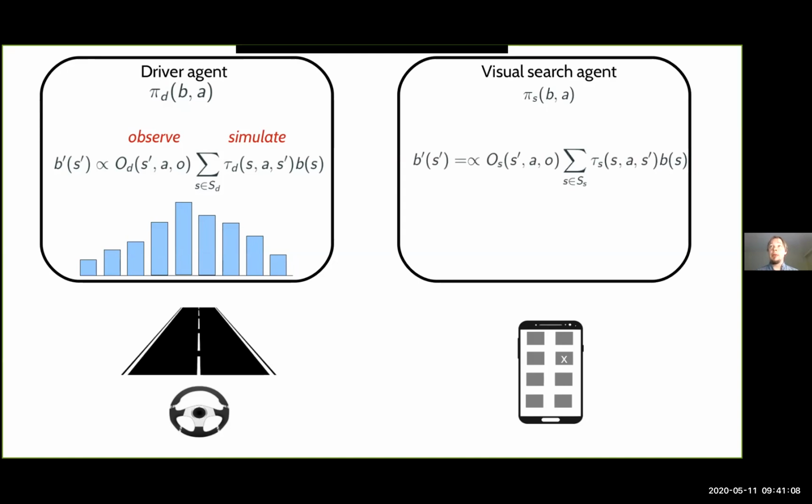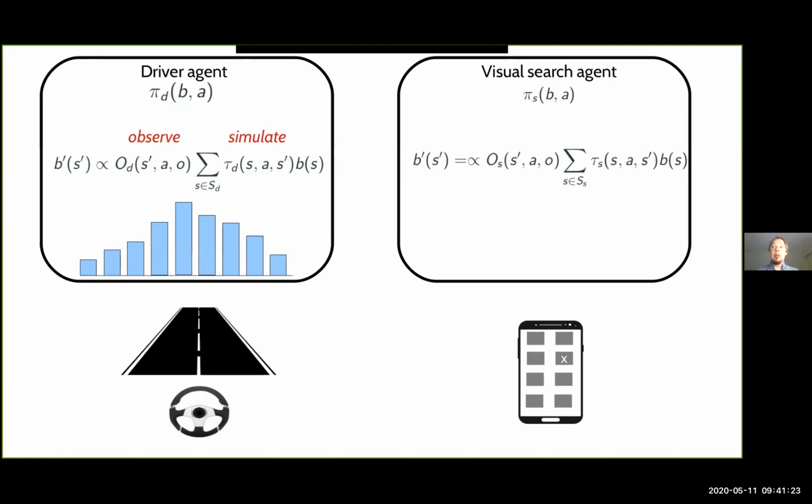Similarly, we have a visual search agent that also holds a belief about the visual search task. Its task is to locate a hidden target by uncovering them by looking at these boxes.